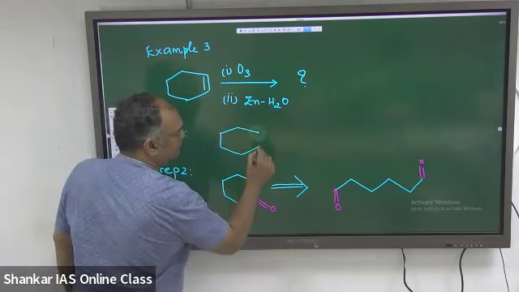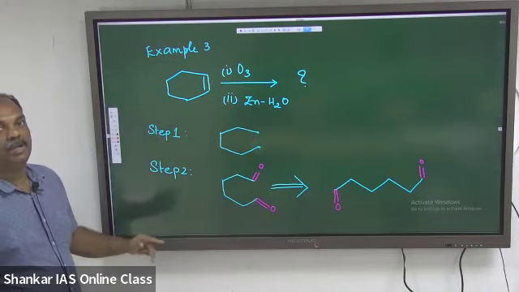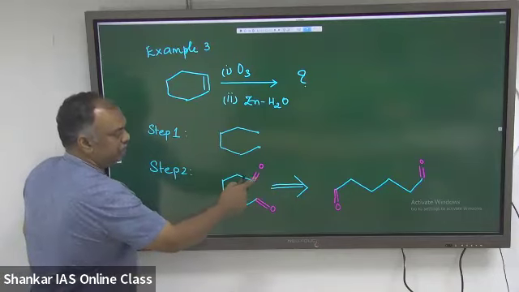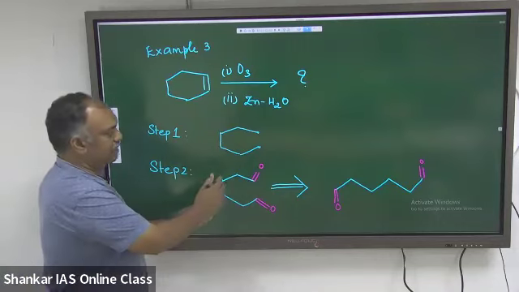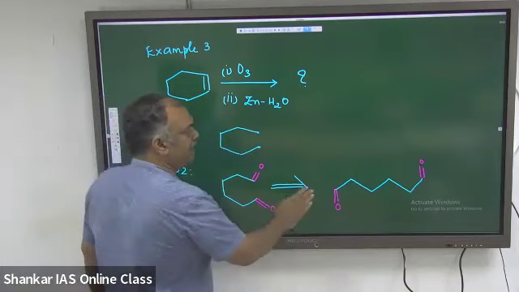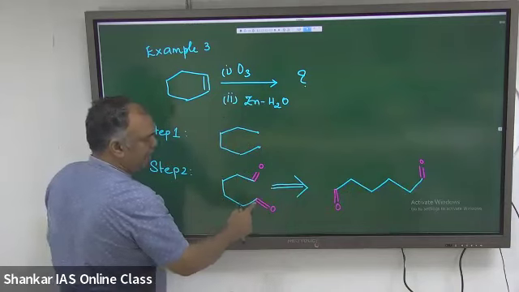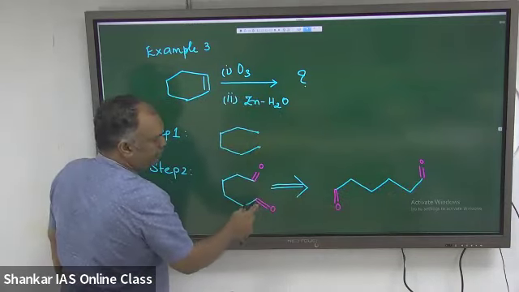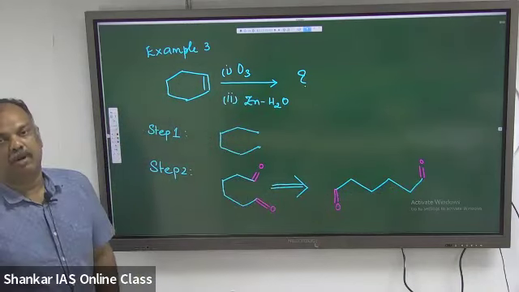In step 2, I should introduce double bonded O on the alkene carbons. This was a cyclic structure, so I am writing the same thing in linear fashion. You have 6 carbon atoms, and at either end, you have double bond O. So this is the product.